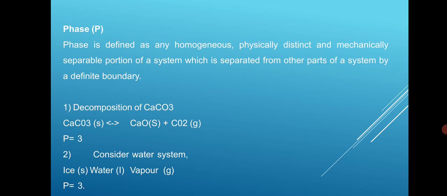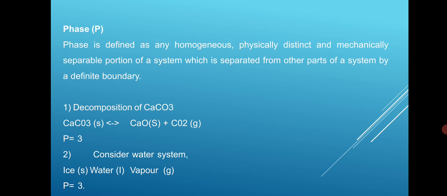Air is a mixture of gases, particularly oxygen, nitrogen, hydrogen, carbon monoxide, carbon dioxide and water vapor. It constitutes only a single phase. We can't separate it physically, but it is a mechanically separable portion of a system, so it is denoted as a phase.